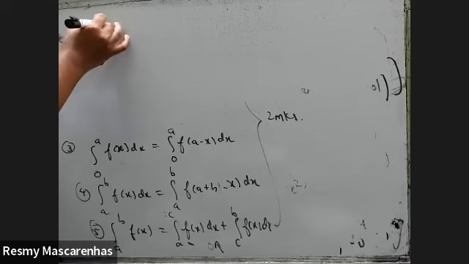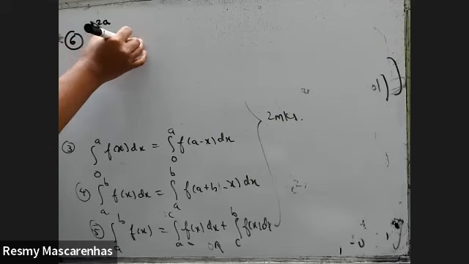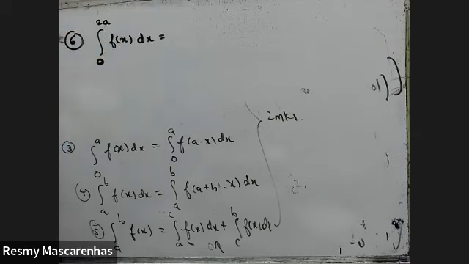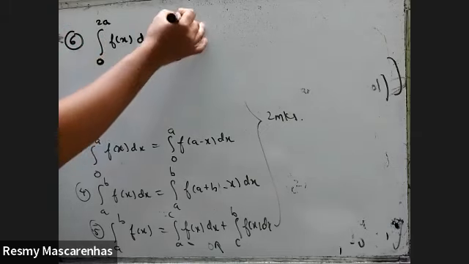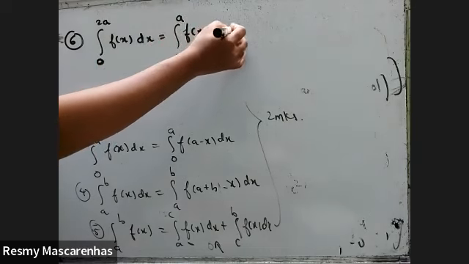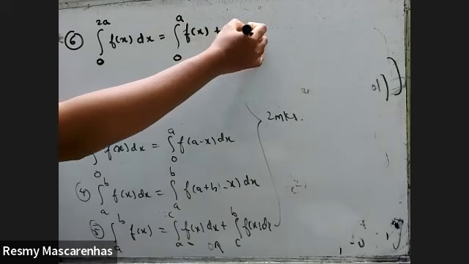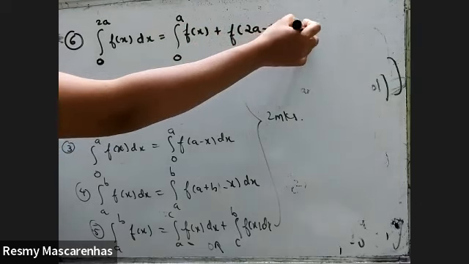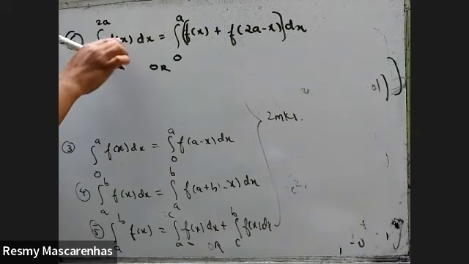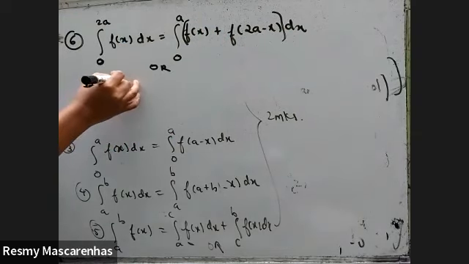So sixth one, integral from 0 to 2a of f of x dx equals to integral from 0 to a of f of x, or there are various ways of framing this.